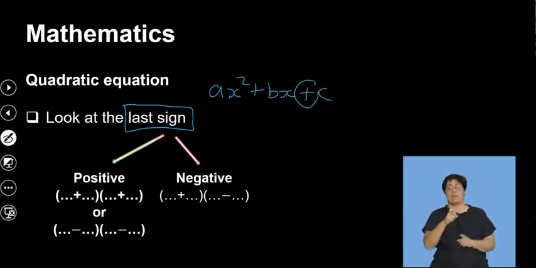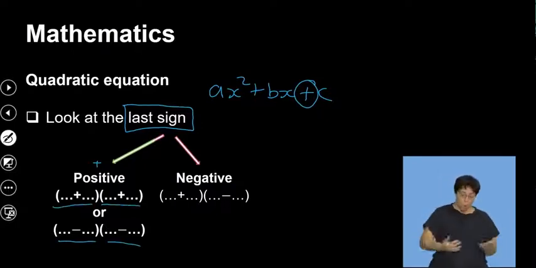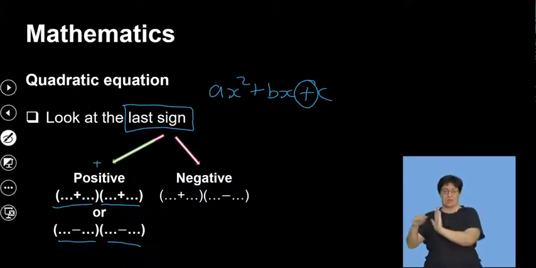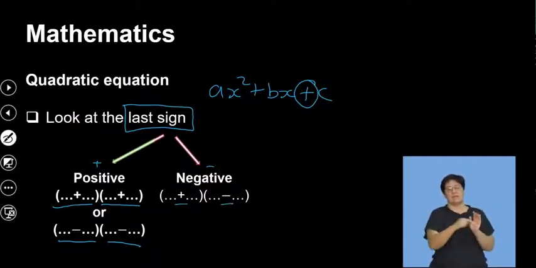This last term, the plus there, will be the sign. If that sign is positive, then your brackets will either be a plus and a plus or a minus and a minus. But if this last sign is negative, your brackets will be a plus and a minus or a minus and a plus, depending on which one you put where.